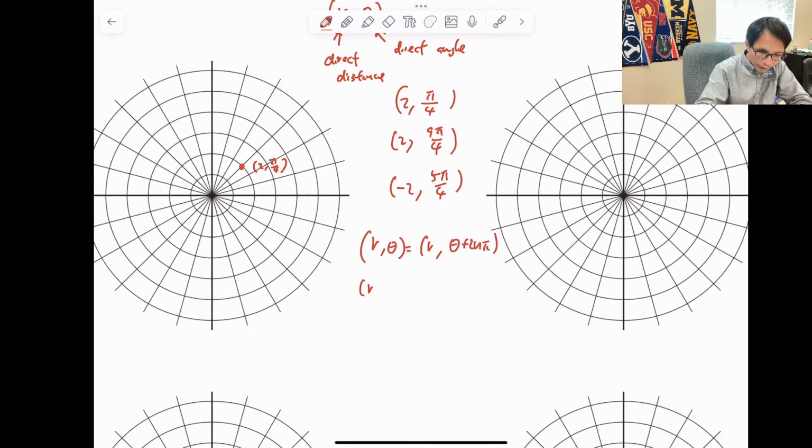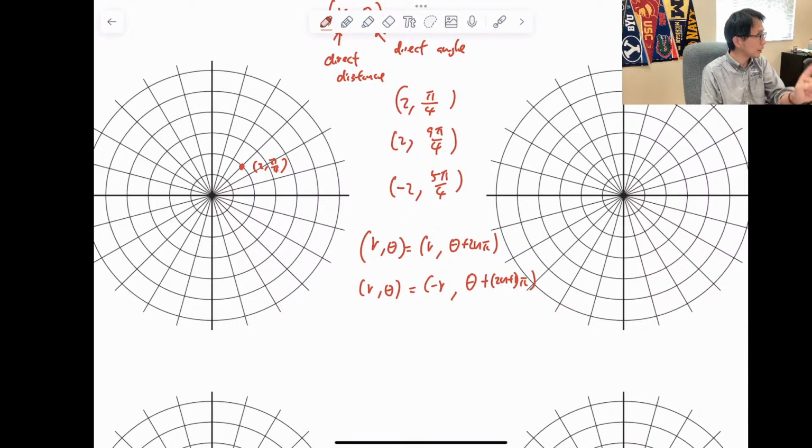Or (r, theta) can go to (-r, theta plus (2m plus 1) pi), where m is a natural number. That means adding pi, because if you go the other side, you only go half circle. Does that make sense? They all represent the same thing. So there is more than one coordinate that represents the same thing.